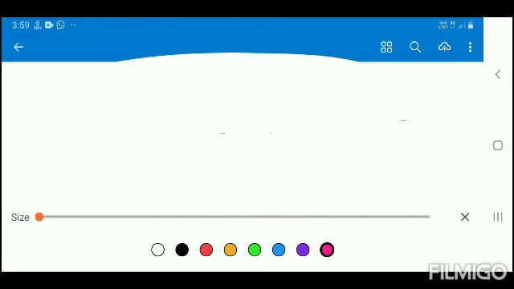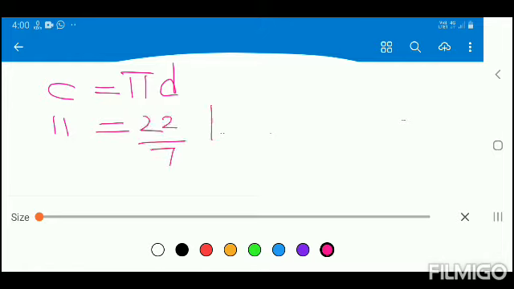Now we take C is equal to pi d. They gave C as 11. 11 is equal to pi. You know that pi is 22 upon 7 into d. Now we want to find the value of d because we want the ratio.